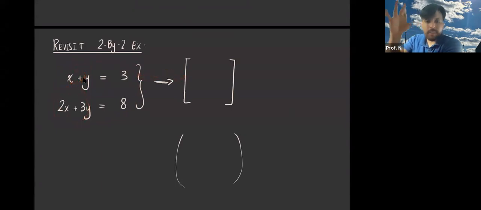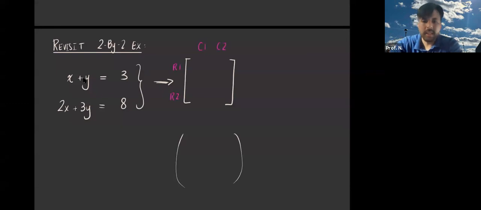No, I arrange them so that you have the x's in one column, the y's in the next, and then they both equal a number. Do you see how there's structure behind this, even just visually speaking? So we're going to take advantage of that and create a matrix based upon this structure. We're going to create rows and columns. It's a natural way to arrange this.